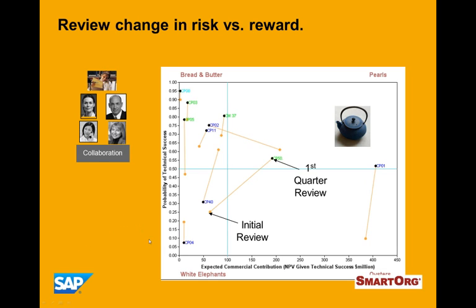We can see the teapot, as we've been talking about, as you recall, went from 25% or so of technical success and was worth a little over 50 or 60. On the other hand, now it has moved up to the upper right-hand quadrant, which is, by the way, where you want your really successful projects to be.